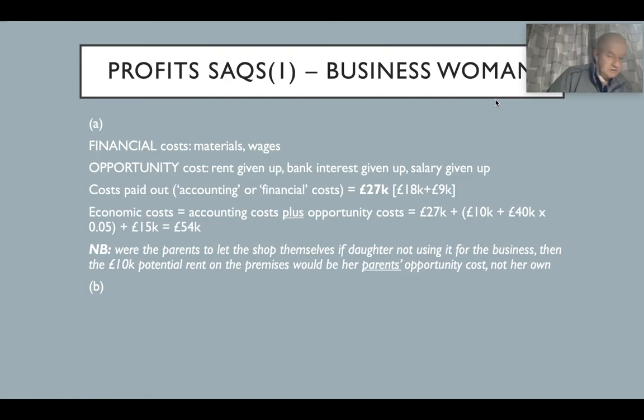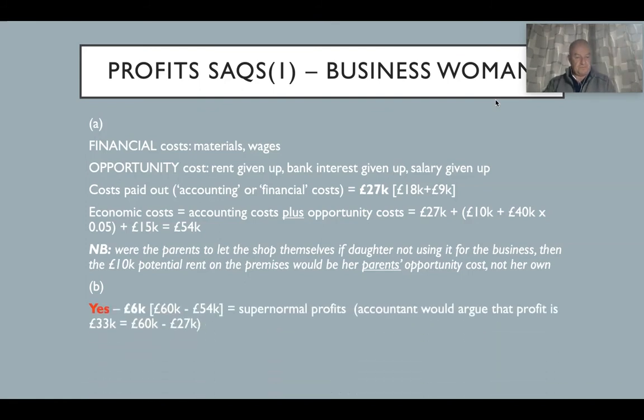So did she actually make a profit last year? Yes, she did. She made £6,000 of profit: £60,000 worth of turnover, £54,000 worth of economic costs, total costs, including accounting costs and opportunity cost.